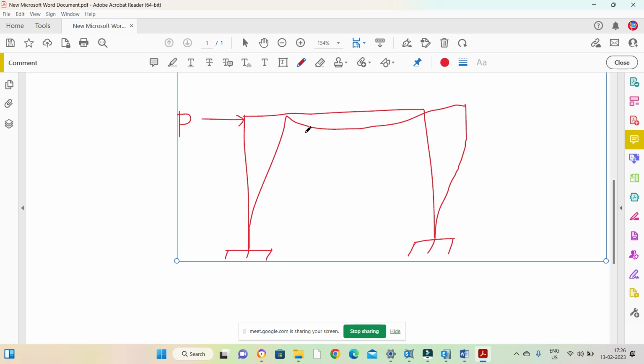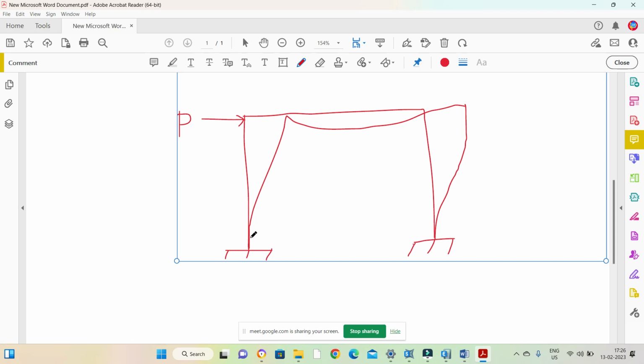In this structure, the maximum moment will be here. If you consider this column, the maximum moment will be created here and here. Similarly, for this beam, again maximum moment is going to be created here and here. And for this column, again here and here.